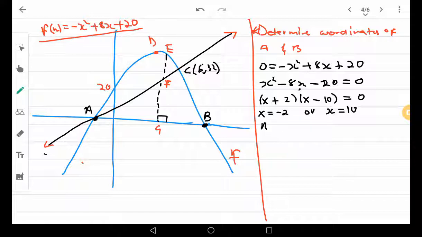So the coordinates of A are minus 2 and 0. What about the coordinates of B? 10 and 0. So we can substitute them here.